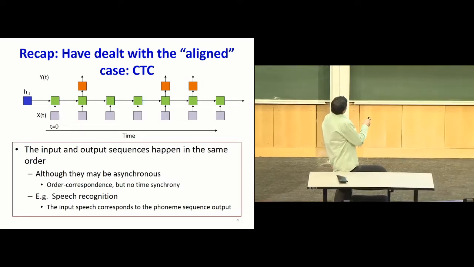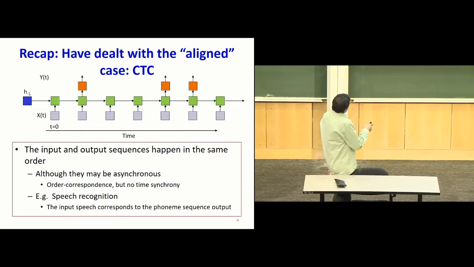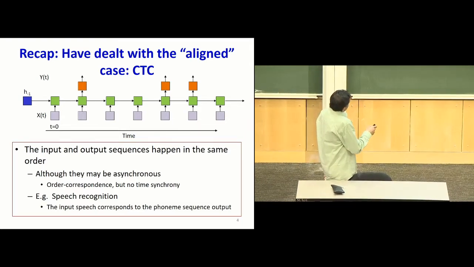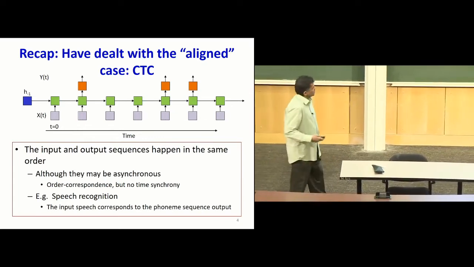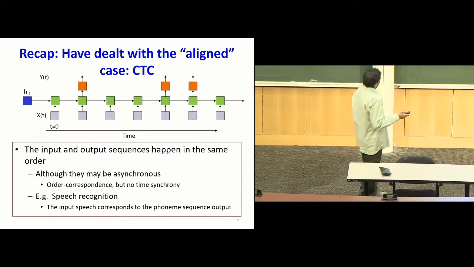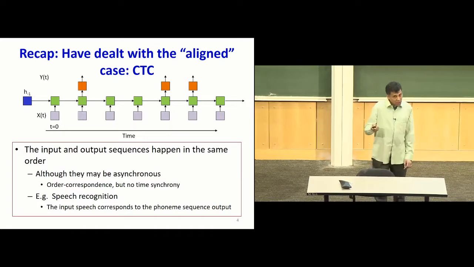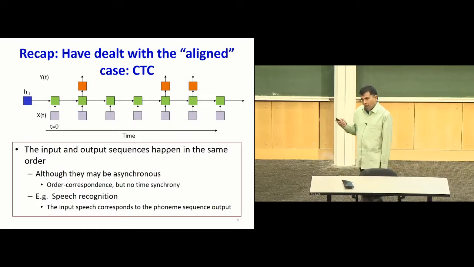So the first output may be aligned against some region of the input, the second output against the next segment of the input, and so on. An example of this was speech recognition. The input is speech, and the output may be a phoneme or a word sequence.